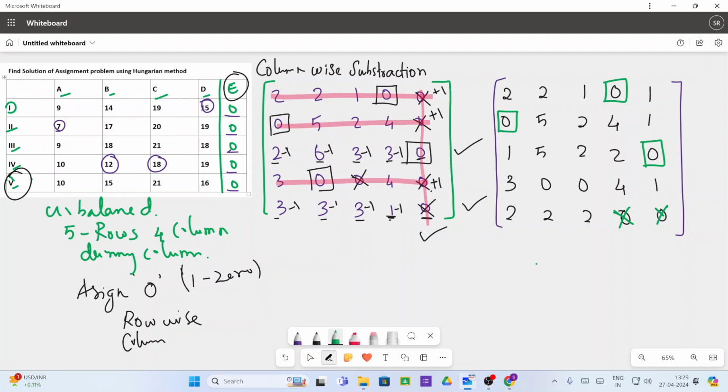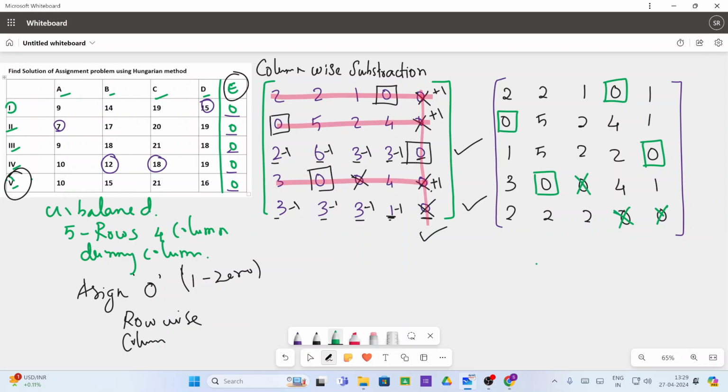The fifth row doesn't have any zero, so you cannot do that. Then you go column-wise. In this particular column you have only one zero, and you cross it out.